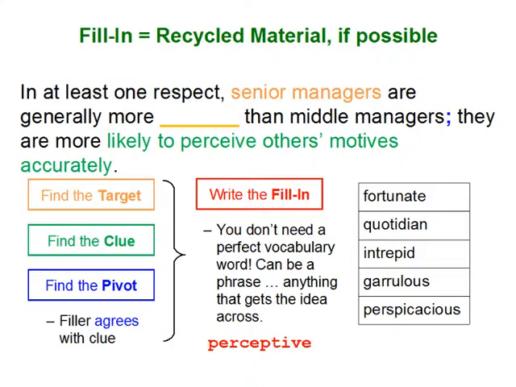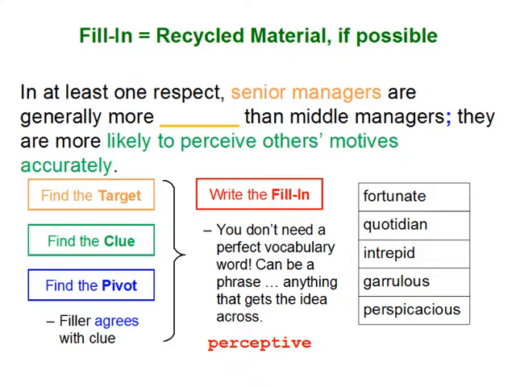And even with the clue, we might say that they're more fortunate than middle managers because they are more likely to perceive. So their perception makes them fortunate. Interesting, huh? And with intrepid, it's like their perception makes them braver or bolder.